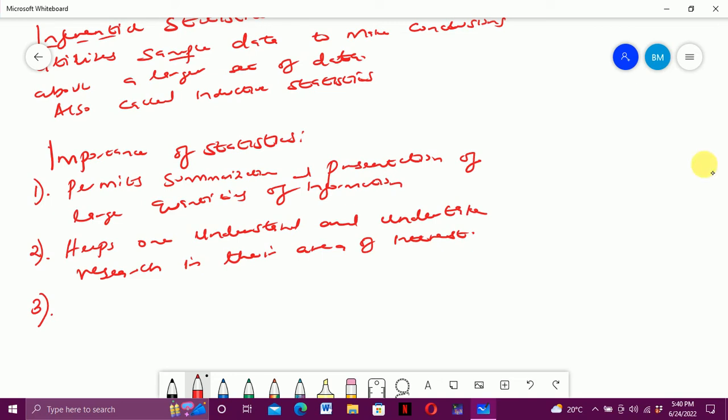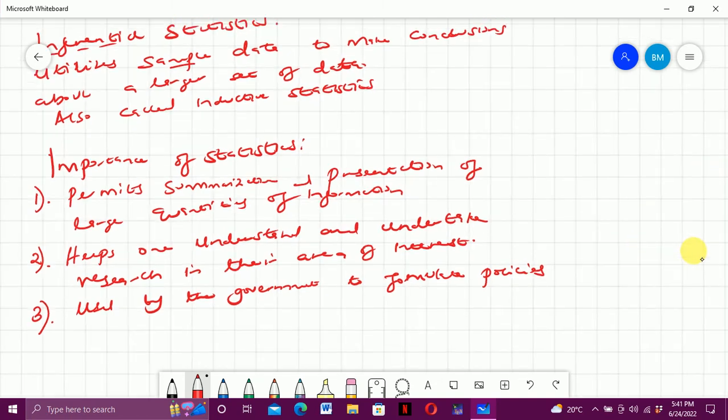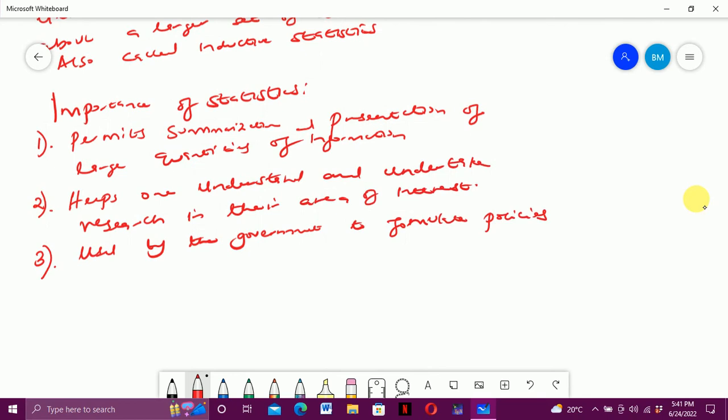Now, statistics is used by the government to formulate policies. So that's another importance of statistics. The fourth one that we are going to mention is that statistics helps businesses in decision making.